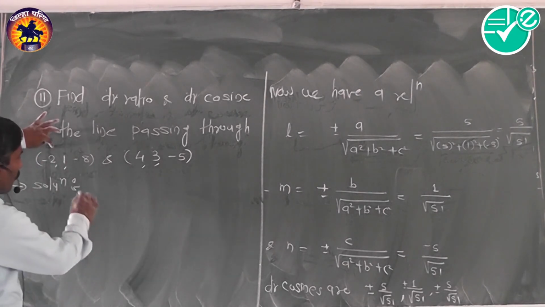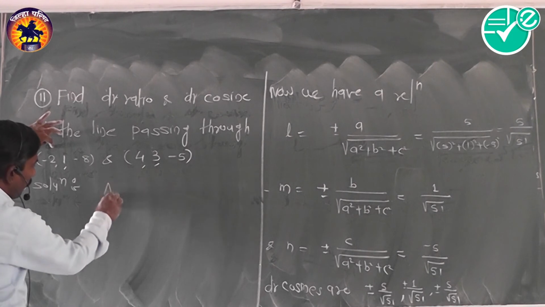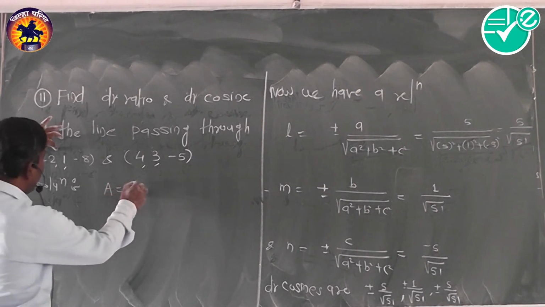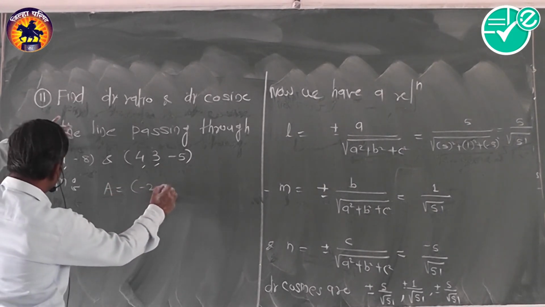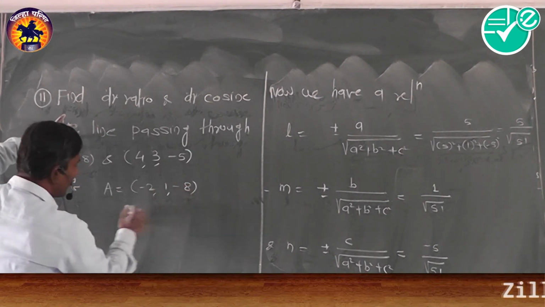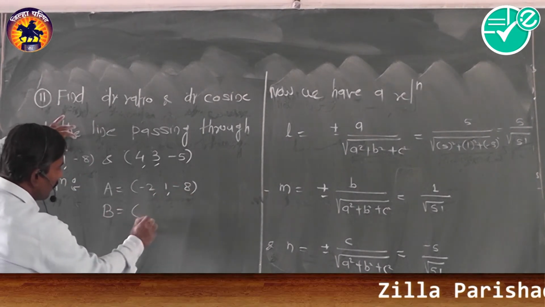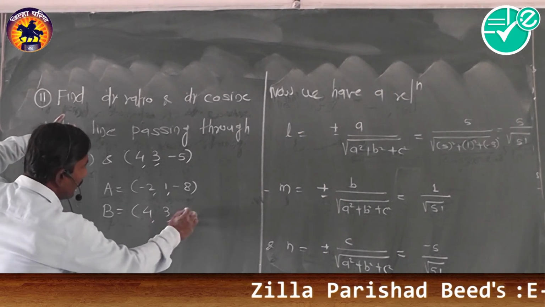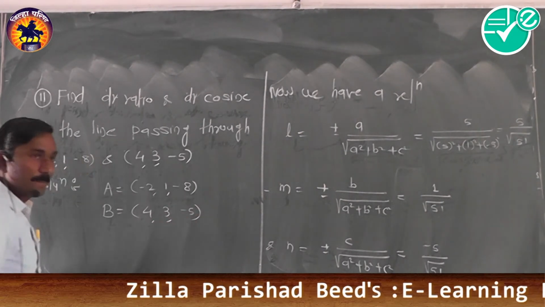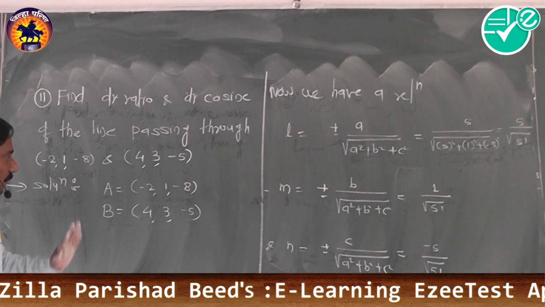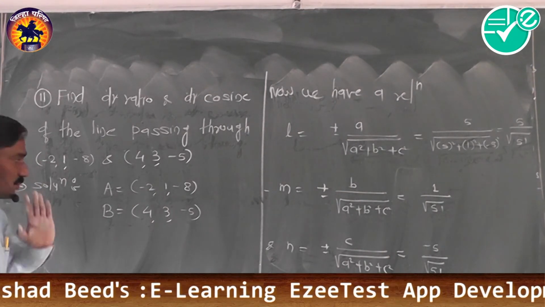So these are the 2 points we know, A and B. We can write shortly A is -2, 1, -8, and B is equal to 4, 3, -5. Now first we find the direction ratios.